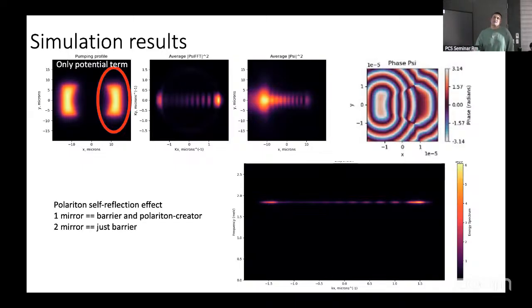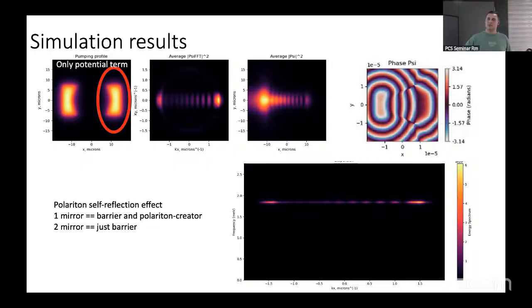There is another interesting simulation where we fixed one of the mirrors to be just a potential barrier. So one mirror creates polaritons, and the second mirror is just a potential barrier.